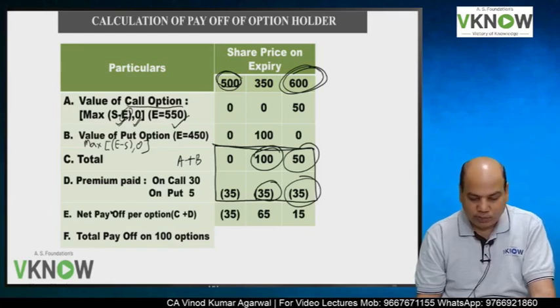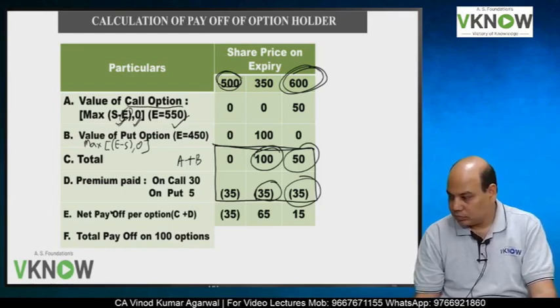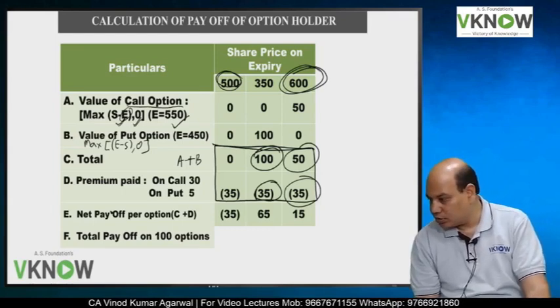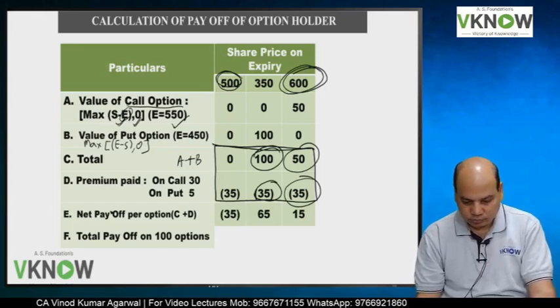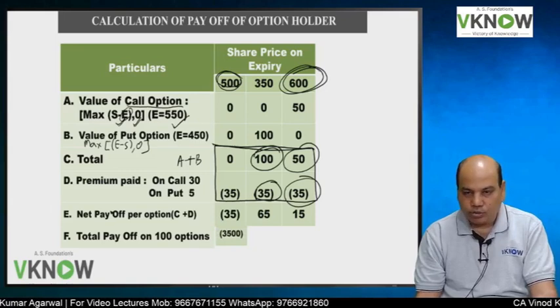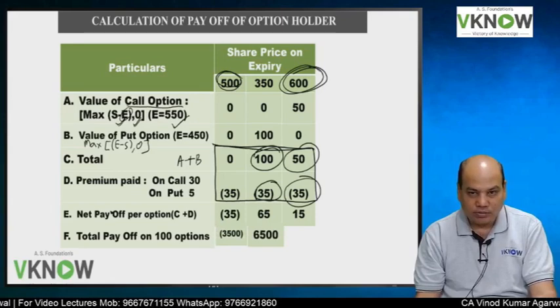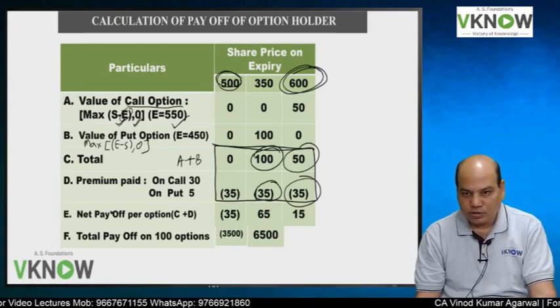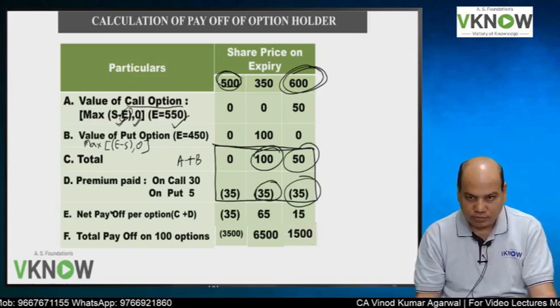Now write down last line: total payoff on 100 options. It is 100 into 35 minus 3500. 100 into 65, 6500. 100 into 15, 1500 positive.